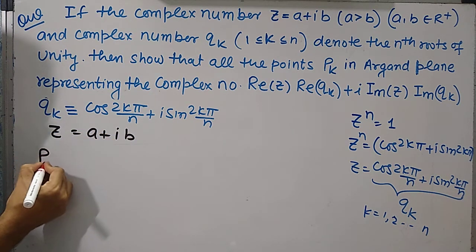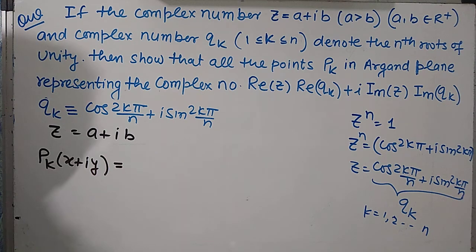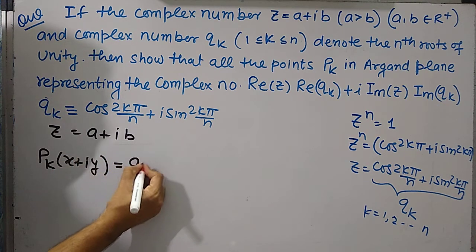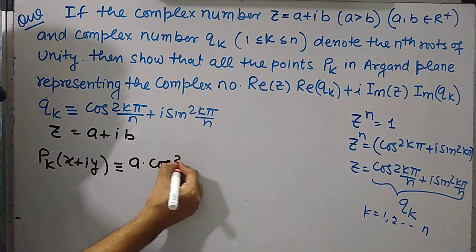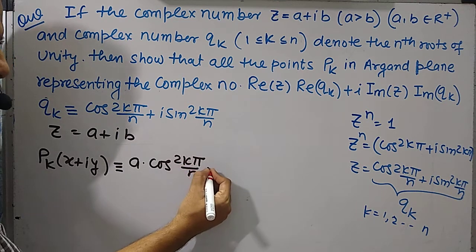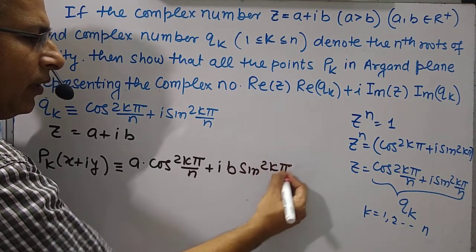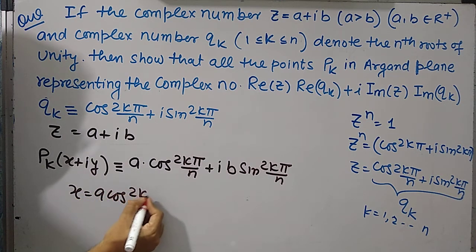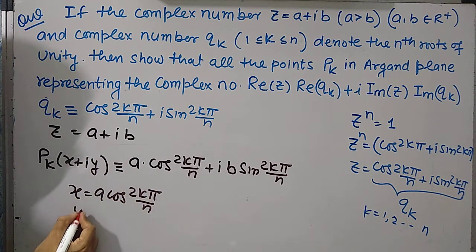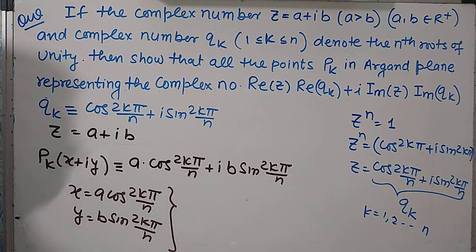So we have a complex number pk, and let us say that this is x plus iy, and this x plus iy equals real part of z, a, into real part of qk, which is cos 2k pi upon n, plus i times b sin 2k pi divided by n. So we get x equal to a cos 2k pi upon n and y equal to b sin 2k pi divided by n, and this represents the parametric equation of an ellipse.